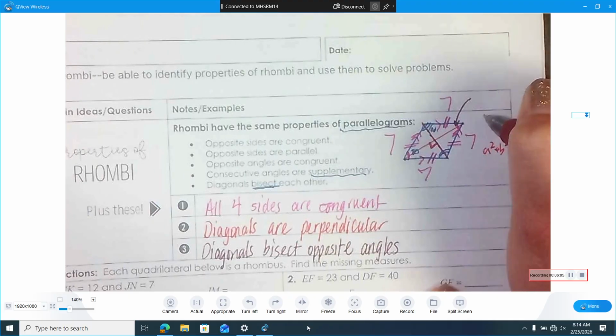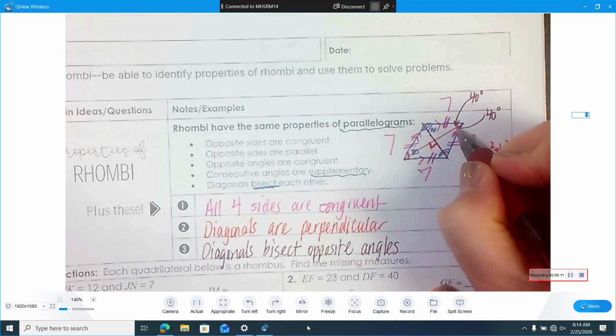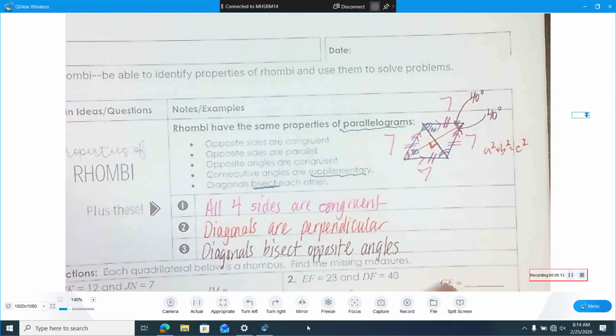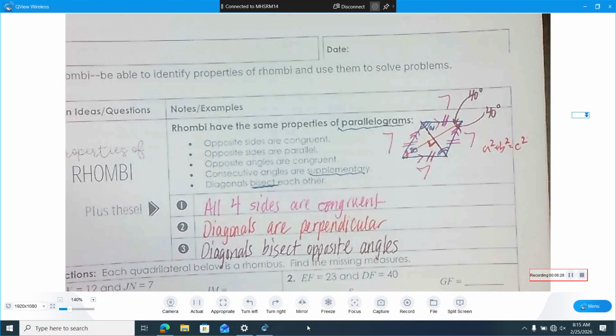So each little side of the angle gets to be 40 degrees and 40 degrees. So those opposite angles are going to be bisected into little 40-degree pieces there. So again, it's good to have a little picture to remind you of every little nuance there, okay? So pretty interesting.